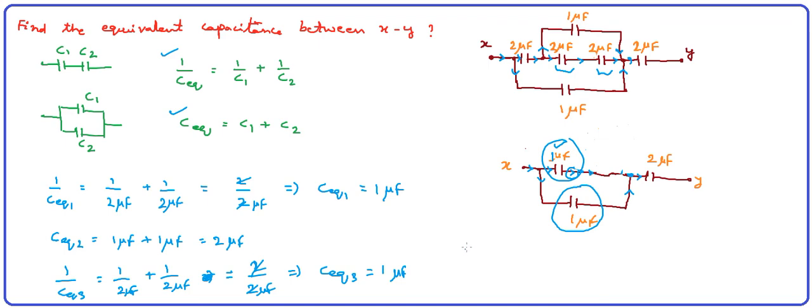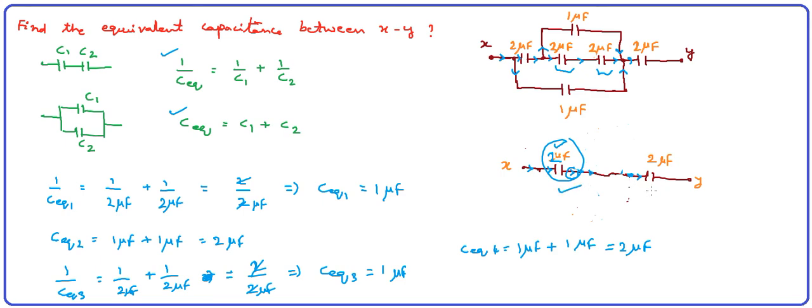So C equivalent 4 is equal to 1 microfarad plus 1 microfarad, which is equal to 2 microfarad. Now I can remove this part also, since I have reduced it into an equivalent capacitance. The equivalent capacitance here is 2 microfarad. So this is 2.